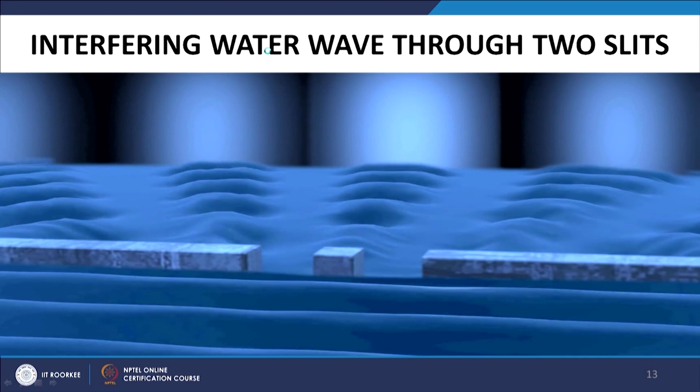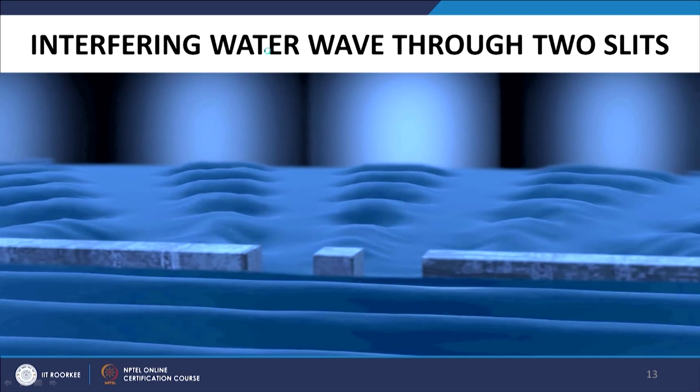Now, as you can observe, when you move away from the slits, water that is moving out from the two slits is interfering with each other. We are getting regions where there is minimal vibration, minimum waves, and there are regions where there are maximal waves, very much like standard interference.